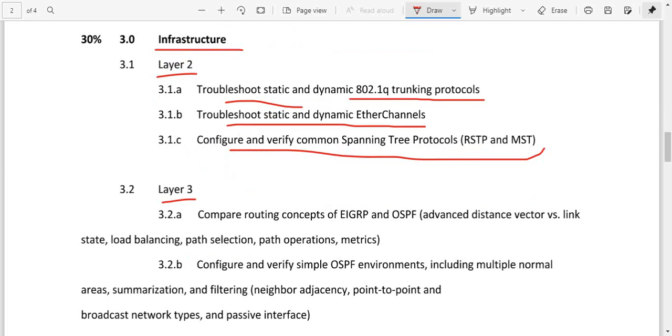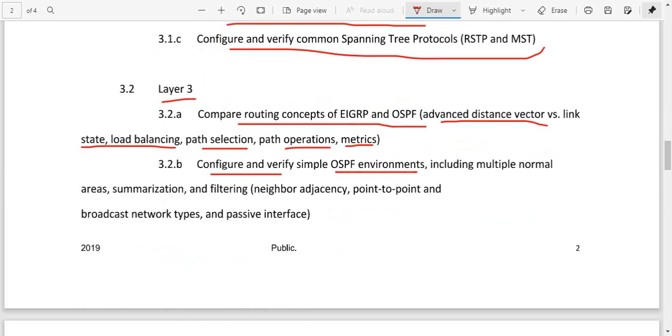In layer 3, you compare the routing concepts of EIGRP and OSPF. So you compare the advanced distance vector, that's EIGRP, versus link state, load balancing, path selection, and path operations. What are the different metrics used? How do you configure and verify simple OSPF environments, including multiple areas?